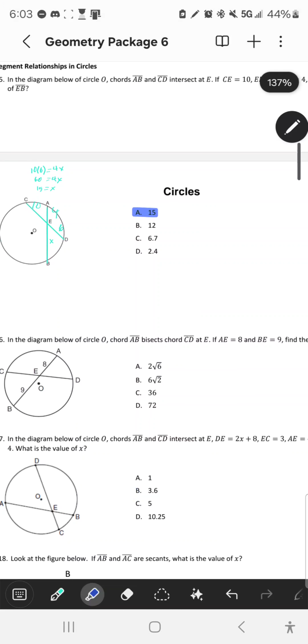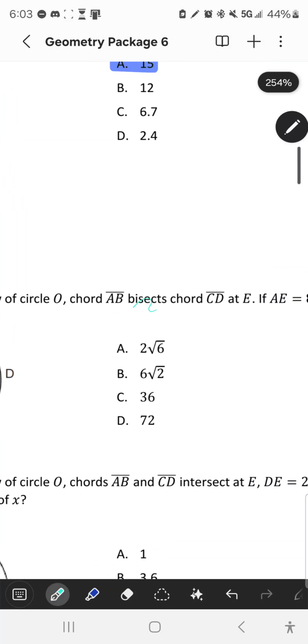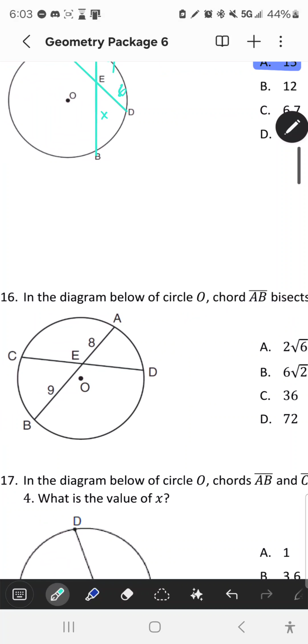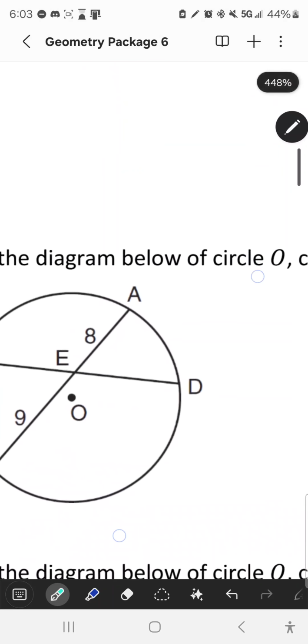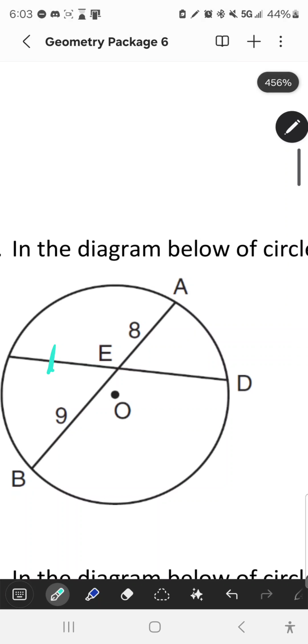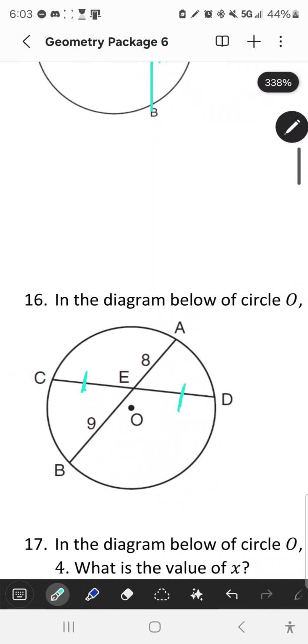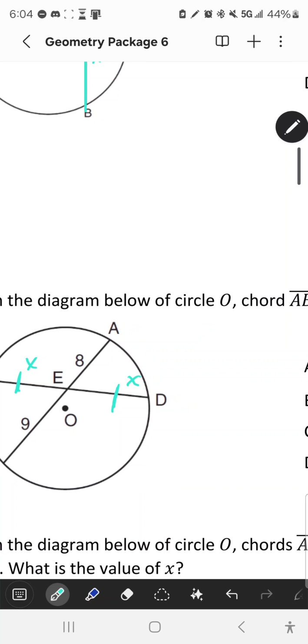Okay, here the keyword is bisect. As I have been explaining since almost the beginning, bisect means that it is separating the other in two equal parts. So we can say that CE is going to be equal to ED. So this is x and this is also x because they are equal to each other.